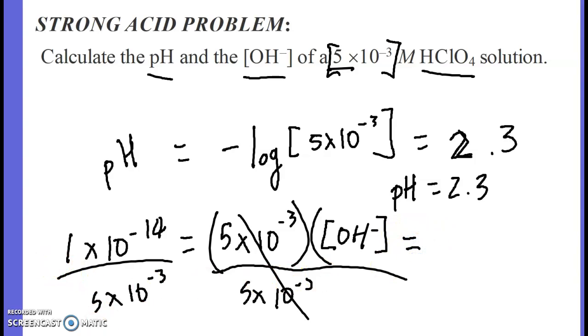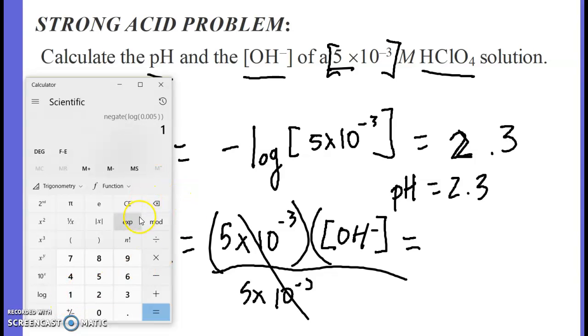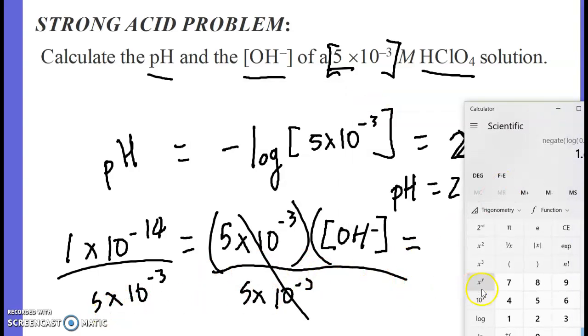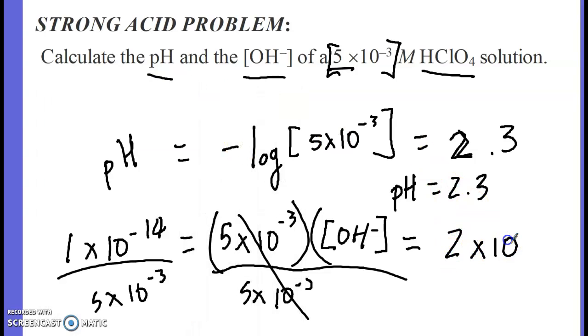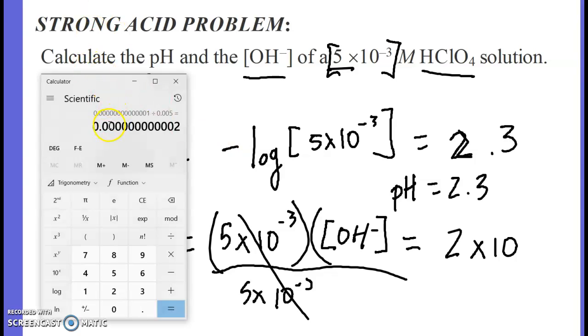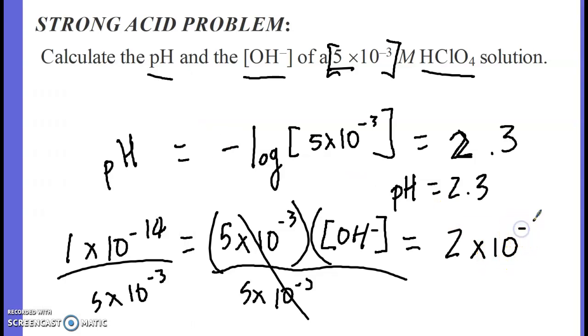The concentration of the OH minus would be 1 exponent negative 14 divided by 5 exponent negative 3 equals. That equals, you can see it there, 2 times 10 to the negative 12 molar OH minus, right?